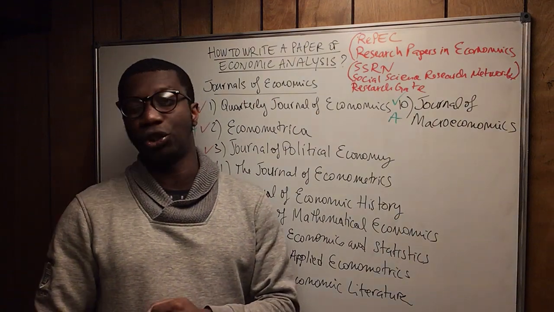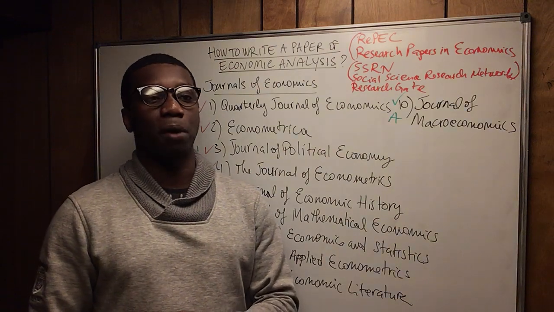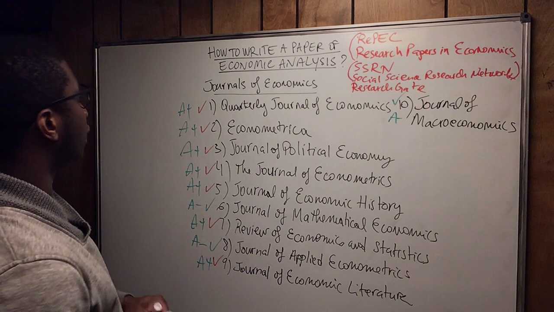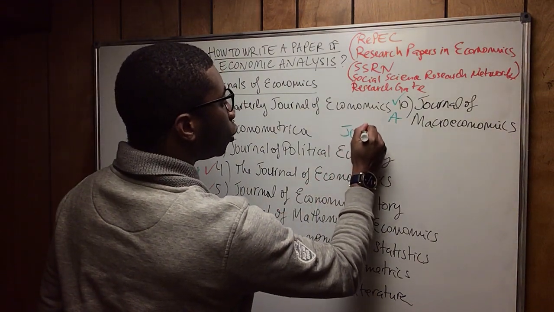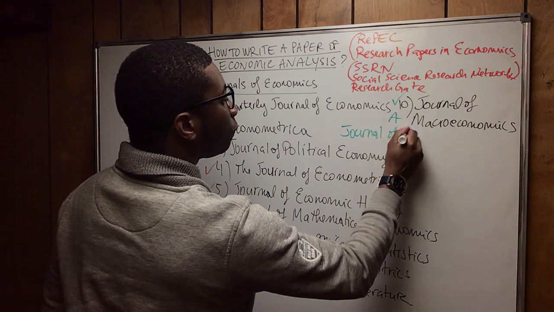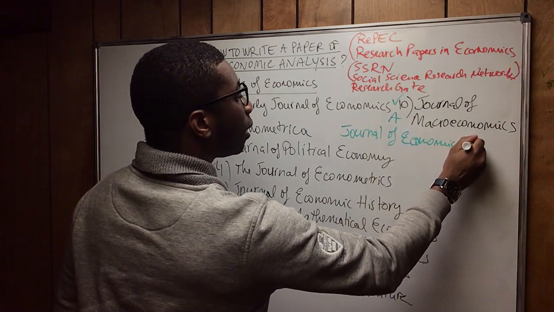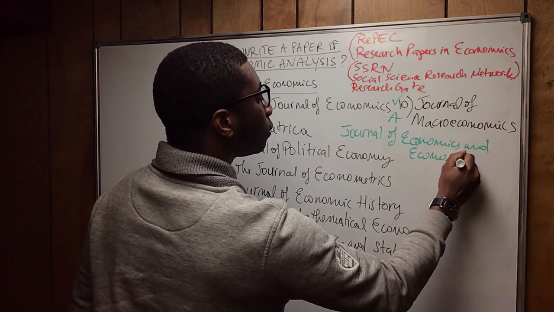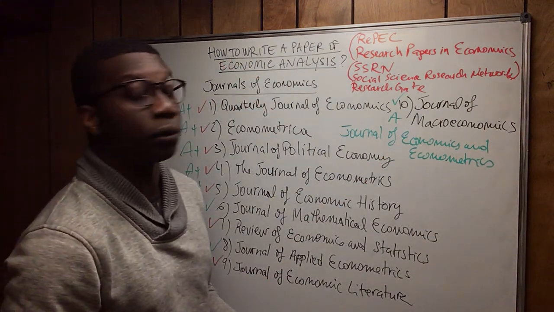I have had my papers rejected a ton before one of my papers was finally published by the Journal of Economics and Econometrics. Let me write it here, the journal that published me. So it's the Journal of Economics and Econometrics.